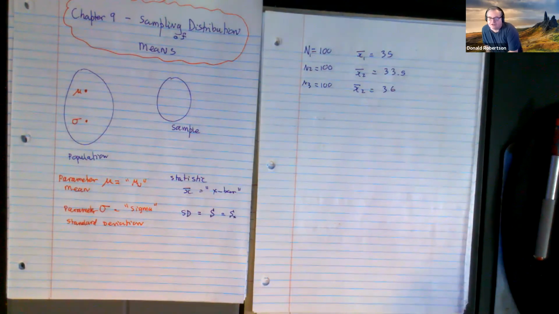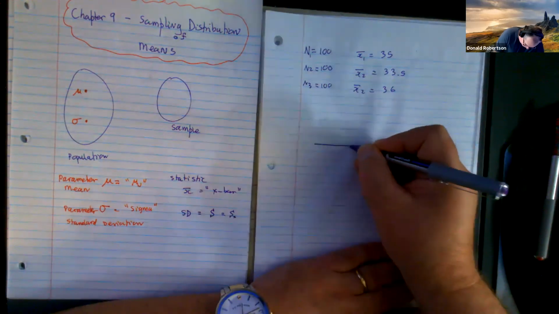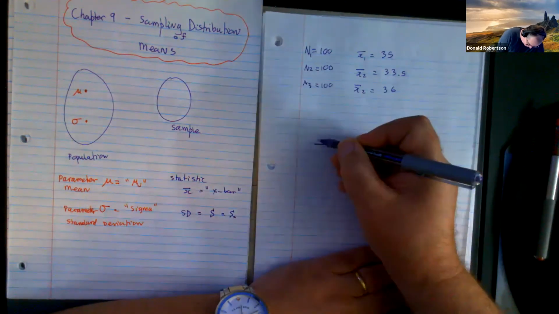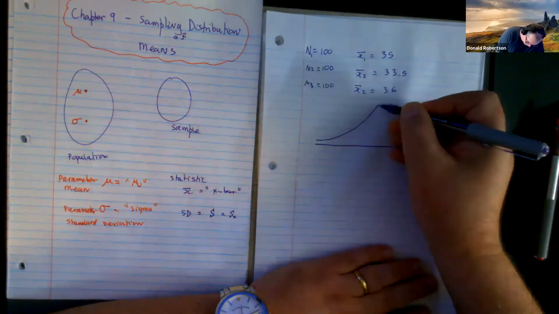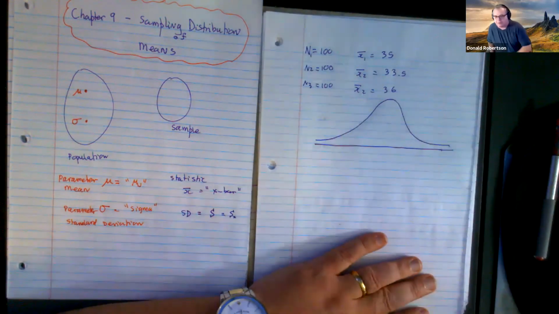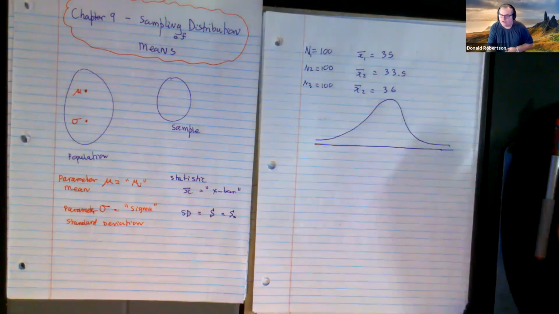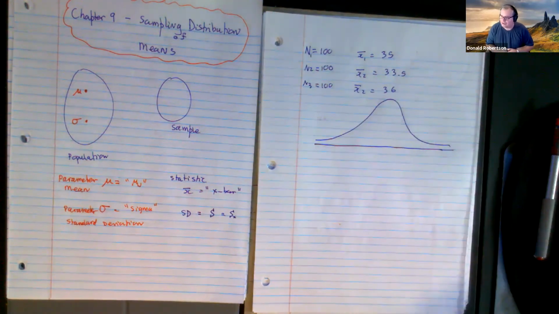Now, the sampling distribution means what would happen if you kept on doing it over and over and over again until you get bored. Well, you'd get a whole lot of different answers. But if you did it often enough, quite a few of them would be the same answer, at least to one decimal place. And when you get a shape that looks like that, a normal distribution, a bell shape, symmetric, there's two other names for it.